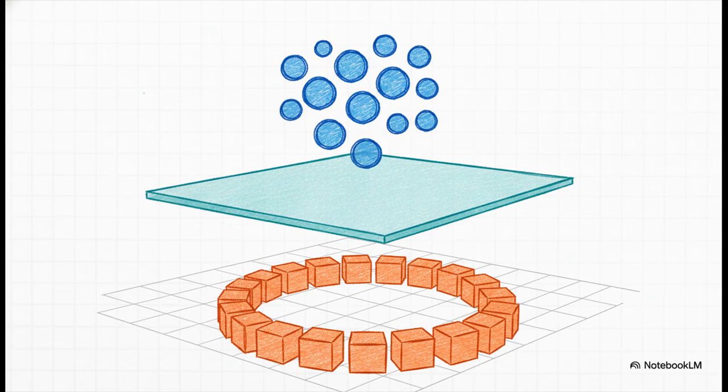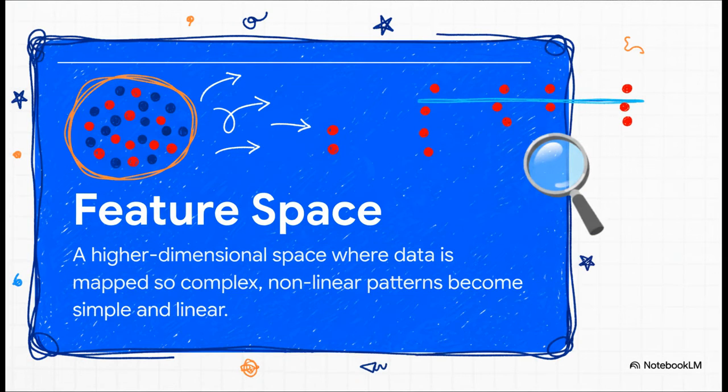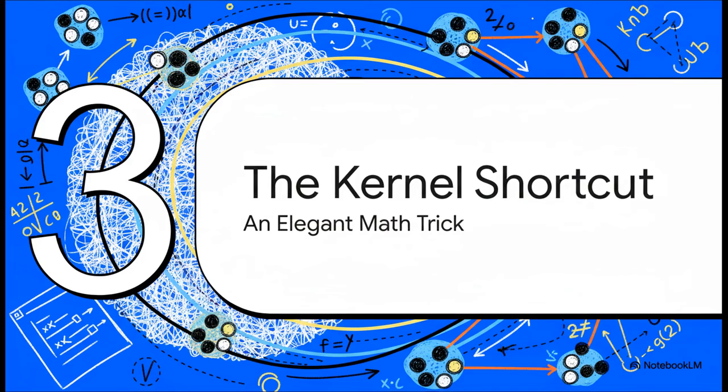The inner points are now floating above the outer ones, so all we have to do is slide a flat sheet of paper, our simple linear separator, right in between them. That complex circular pattern just became a simple linear one. And this almost magical higher dimensional place has a name. It's called the feature space. It's this sort of constructed reality where we send our data so that its hidden patterns suddenly become obvious and easy to spot.